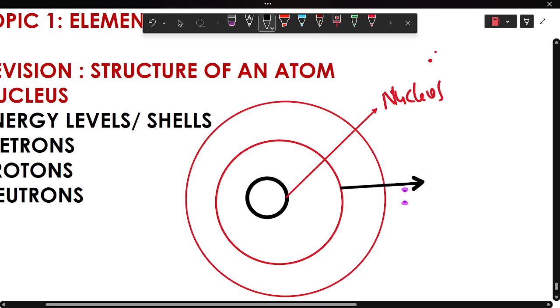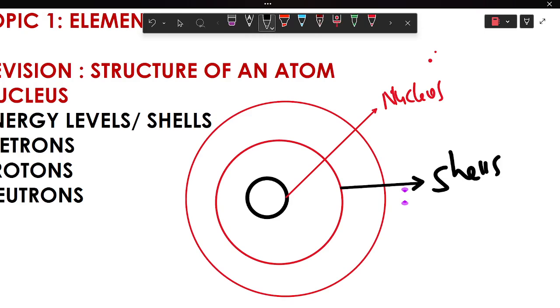These are the shells or the energy levels, and you also learned about these things, right? What are these? Electrons. Yes, they are electrons. Perfect.